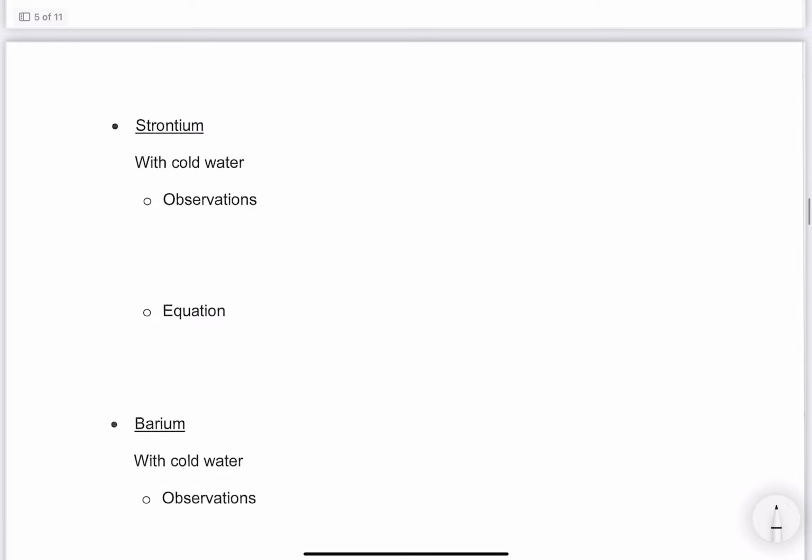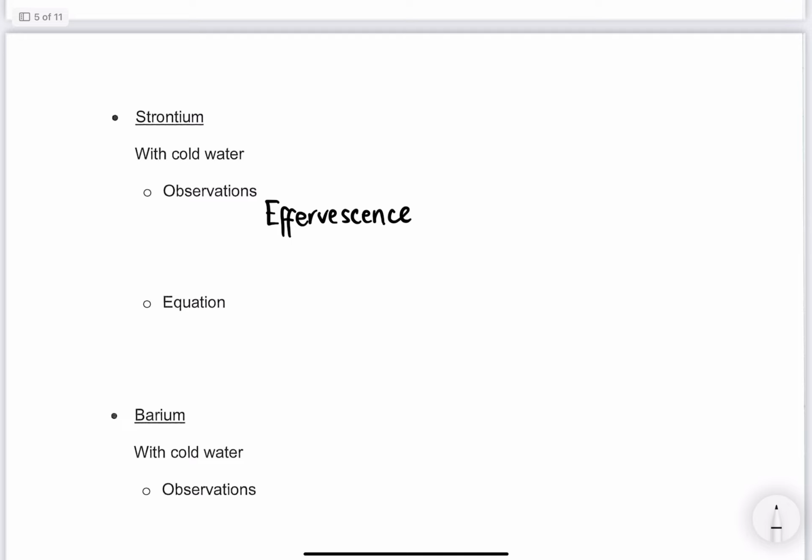And then if we move on to strontium, then it's going to also fizz because remember, we're getting that same reaction. And we're going to have strontium hydroxide, which is more soluble than calcium hydroxide, and so we'll barely see any solid.